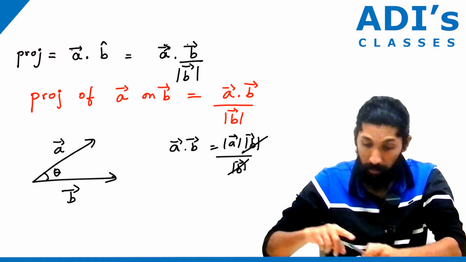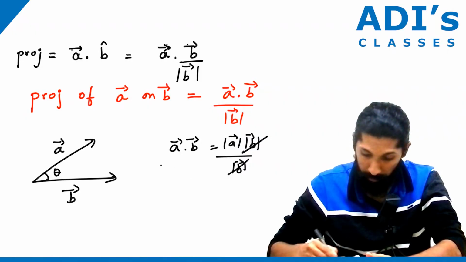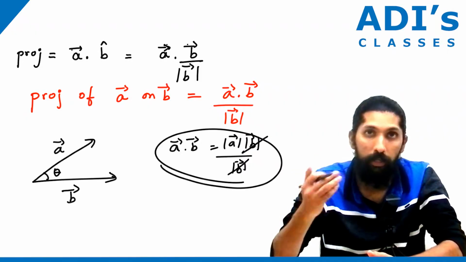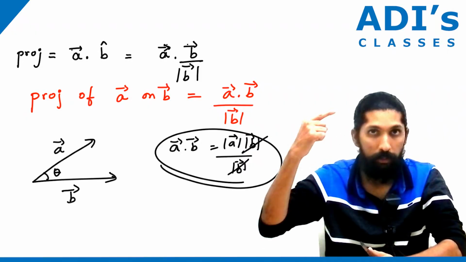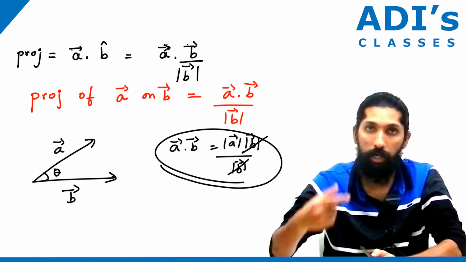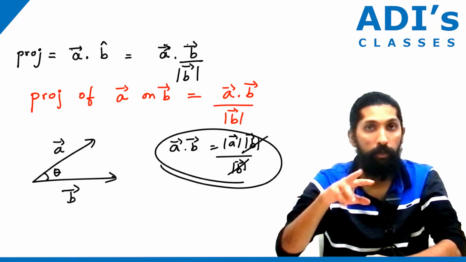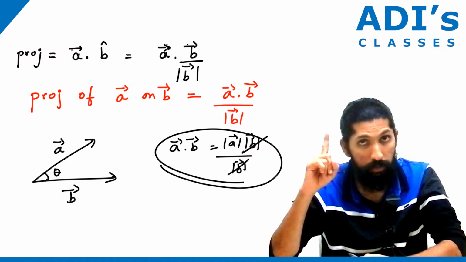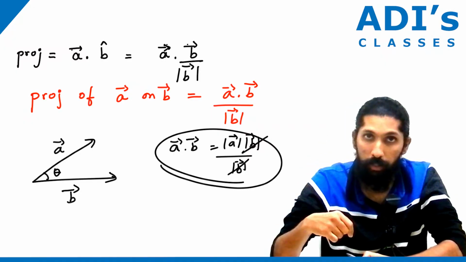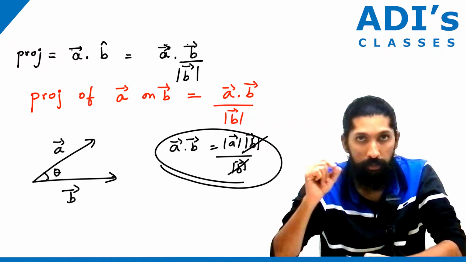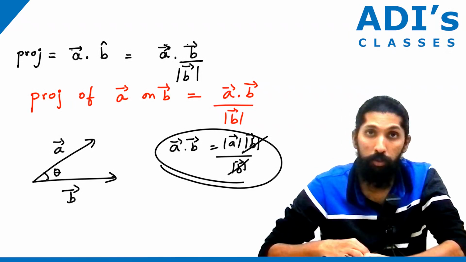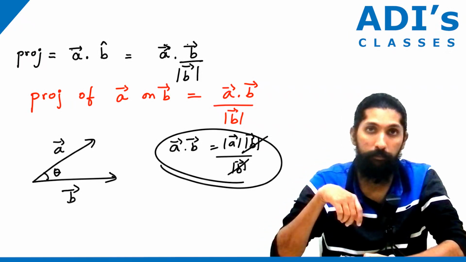That's why in the 0 degree case we got vector A itself. Your vector A and your projection is your shadow, correct? When you lie down on the ground, your shadow and you are the same length. But if the sun is right above you, there is no shadow. That's why when theta is 90 degree, there is no projection of vector A on vector B.